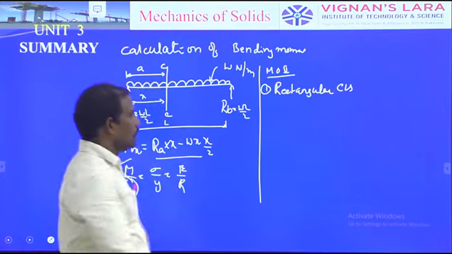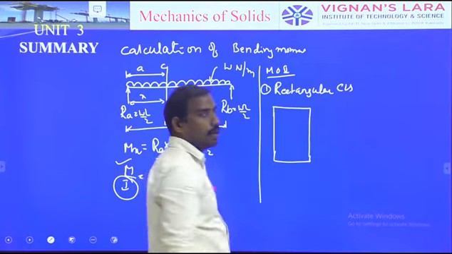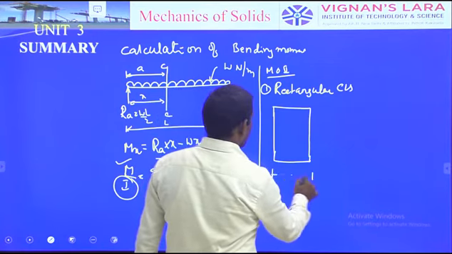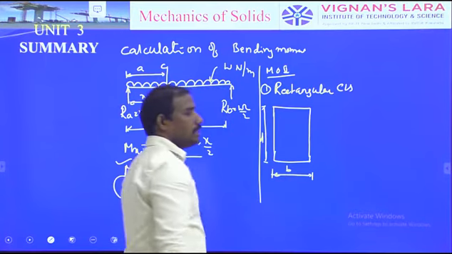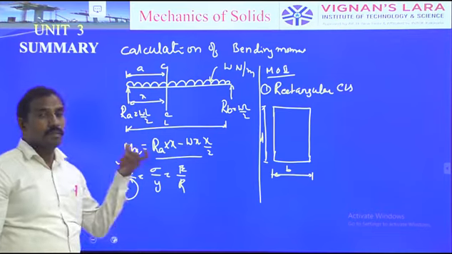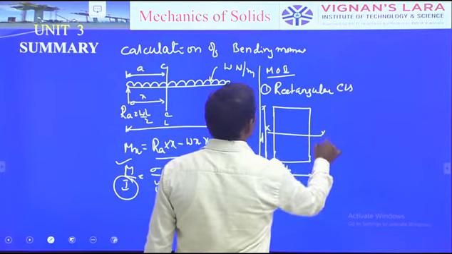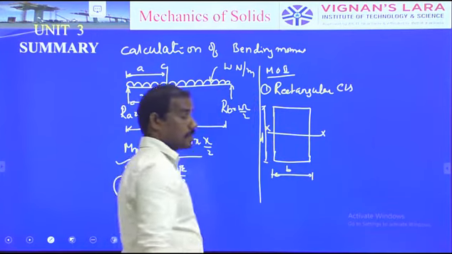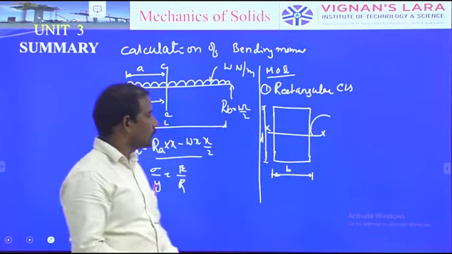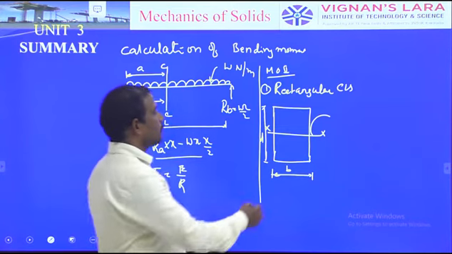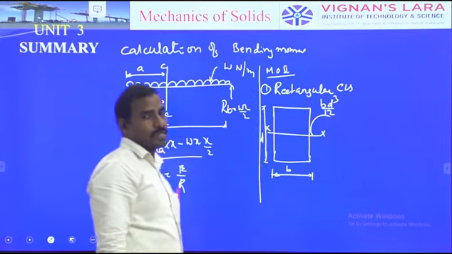Suppose you know the dimensions of the rectangular cross section, say this is a rectangle of base B and depth D. Here we always find the moment of inertia of a cross-sectional area about its central axis, called the neutral axis otherwise. The moment of inertia of a rectangular cross section of base B and depth D is simply BD cube by 12.